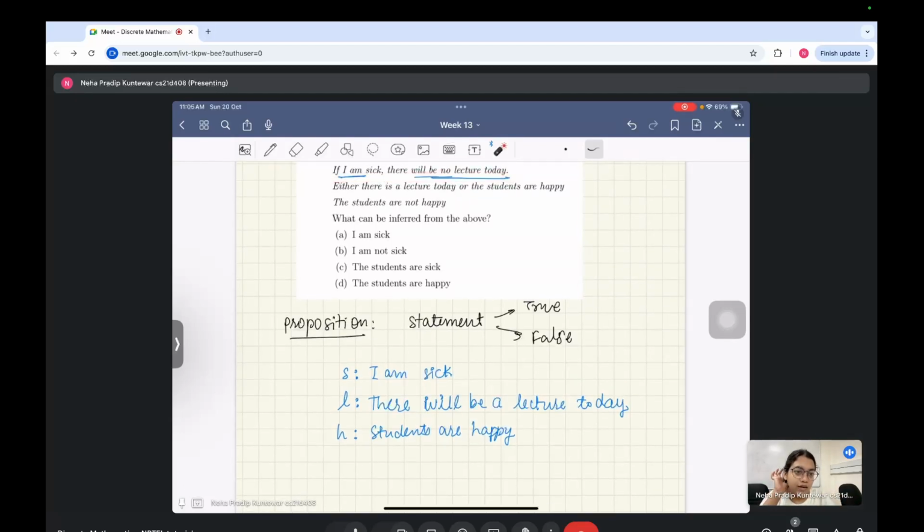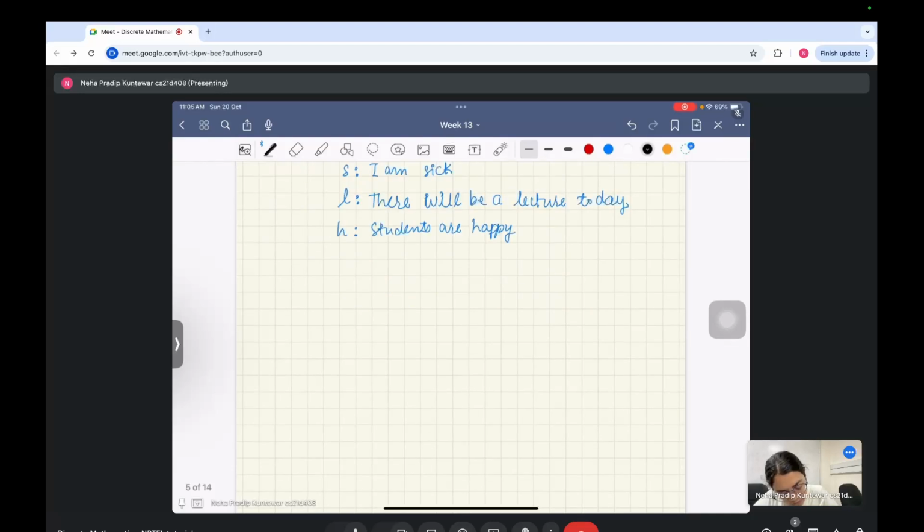To do that, I'll need something called connectives. How does one proposition relate to the other? For that we use logical connectives, and these could be and, or, that is a conjunction. When I say P and Q, it means P should be true as well as Q should be true.